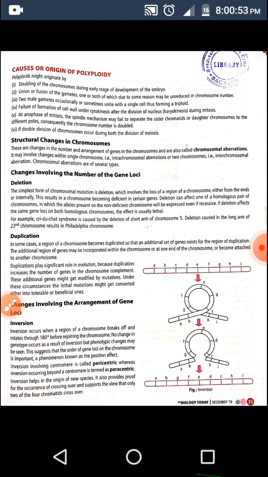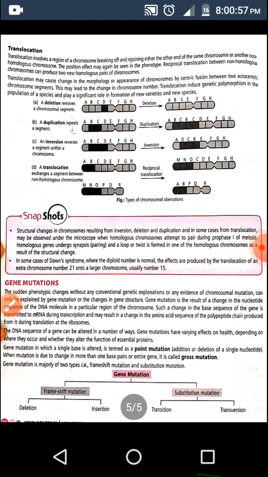Then the last one, that is translocation. In translocation, a region of the chromosome breaks off and rejoins either the other end of the same chromosome or another non-homologous chromosome.